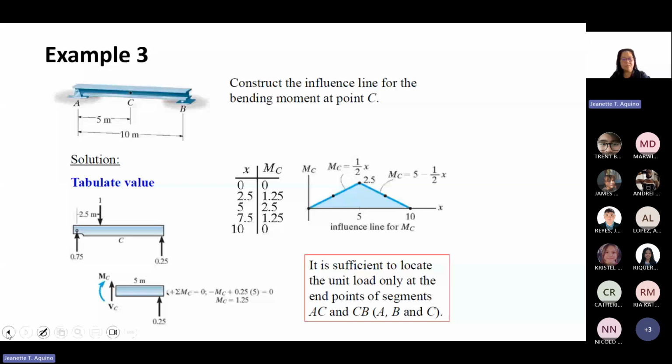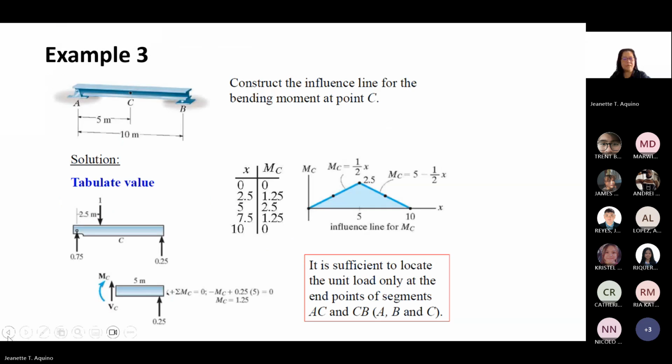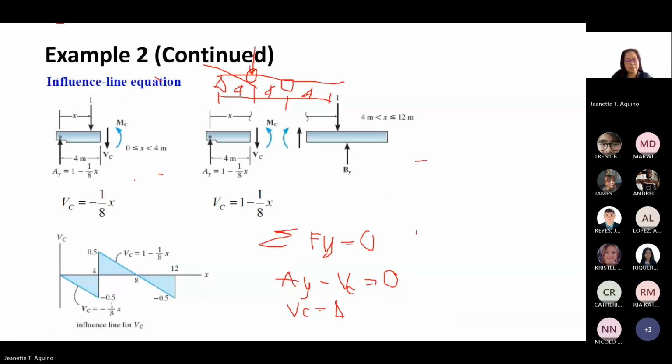We are using these two influence line equations for shear at point C. This one will be on the left of C, and this one on the right. So we tabulate it.